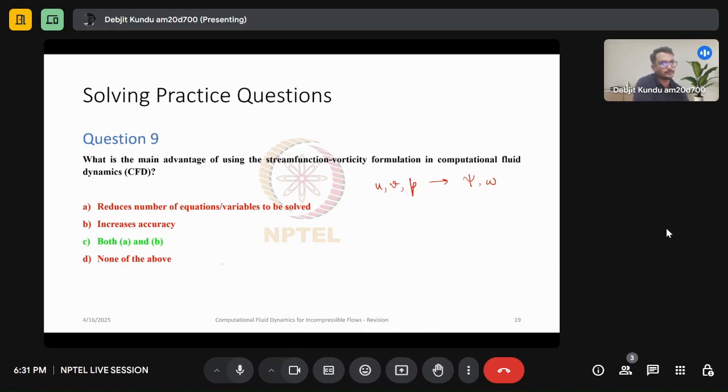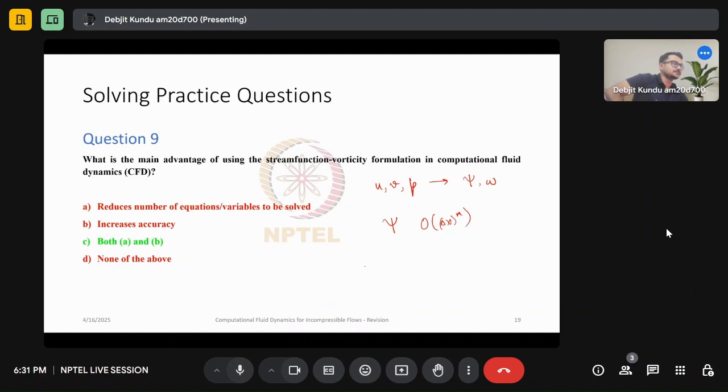and that reduces the computational effort required, and it also increases the accuracy because, let's say you find psi with some order of accuracy n maybe.